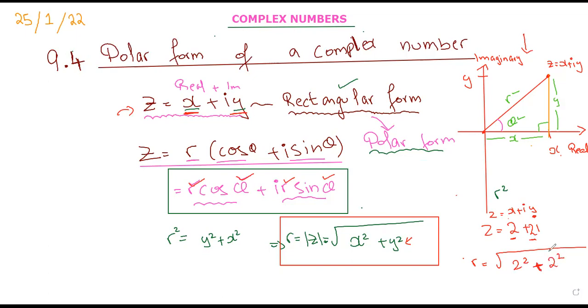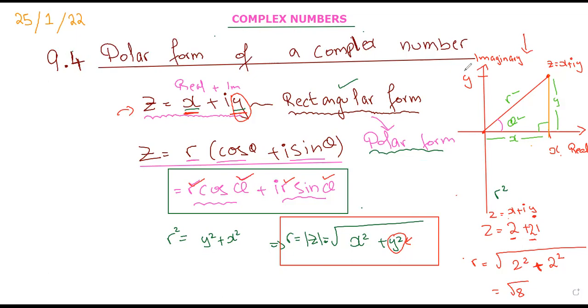Exactly, this is what I'm telling you. We have y square here. And what is y? This is y, the number which we write with iota. You don't write iota here. You'll only write 2 here. So we will have under root 8. So this is how we will find r every time.